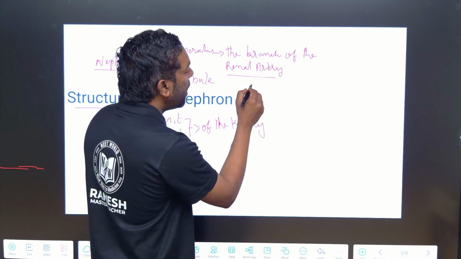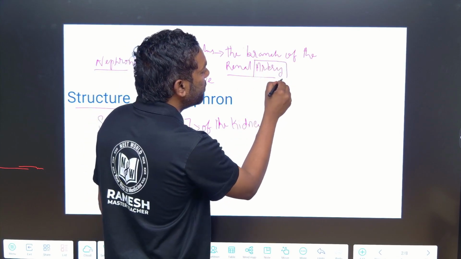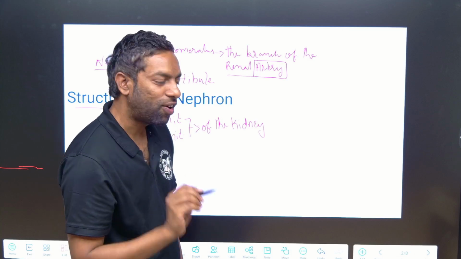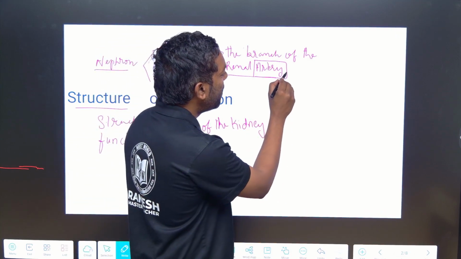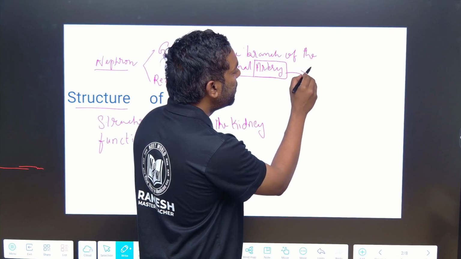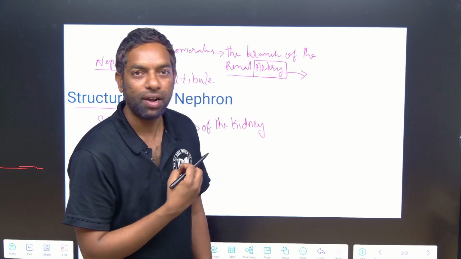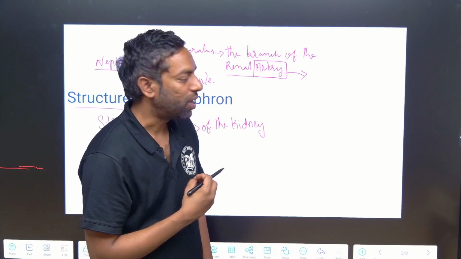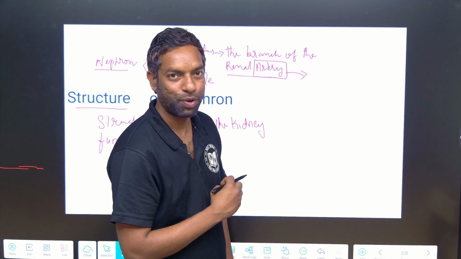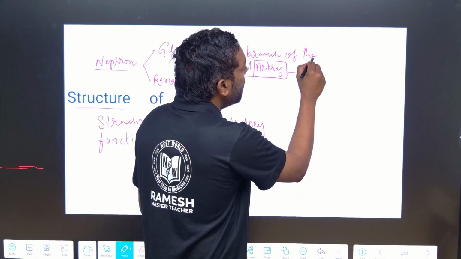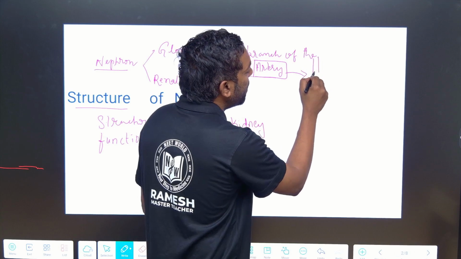The renal artery carries oxygenated blood, as well as urea, from the heart. It is divided from the systemic aorta.